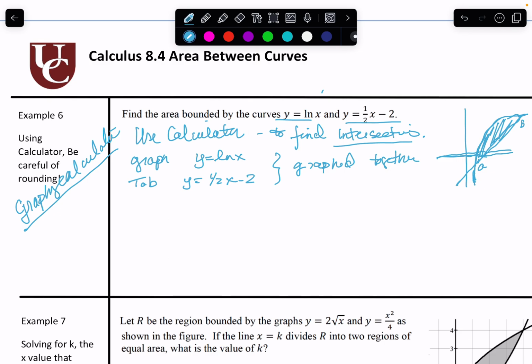And then you would go to menu, 6, analyze graph, right? And then off of analyze graph, you would go to intersection, which is 4, and you go grab those intersections.